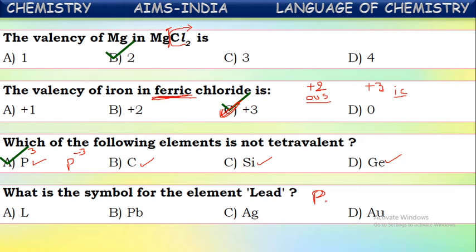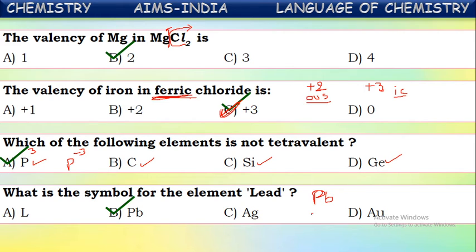That is why, along with the first letter, the second prominent letter B is also taken from its Latin name. Now the symbol of lead is Pb, because it is derived from its Latin name plumbum.